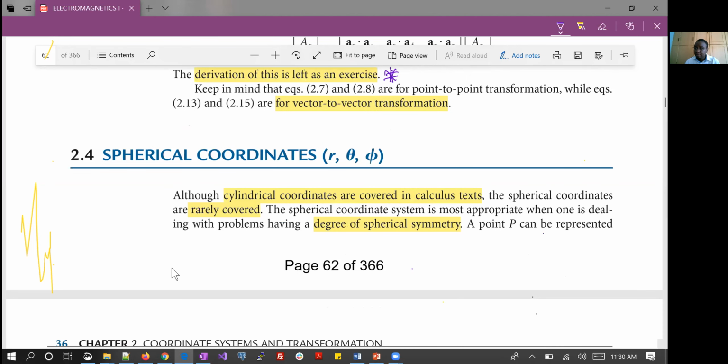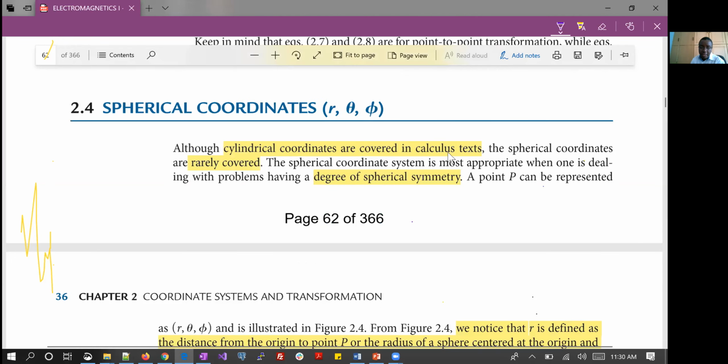So we continue. Spherical coordinates. We are going to be describing the spherical coordinates in terms of R for radius, theta, and we are going to find that theta is also called colatitude.